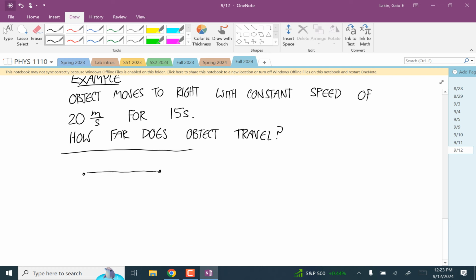We don't know the distance between those two. Here the object's going 20 meters per second, and here the object's going 20 meters per second. And we know that the total elapsed time is 15 seconds.